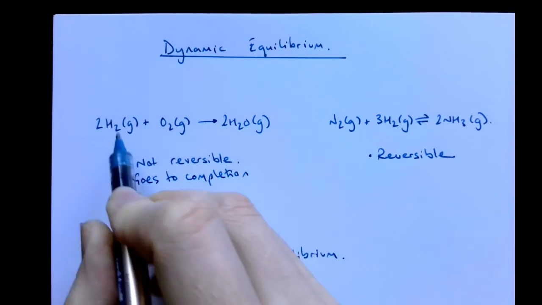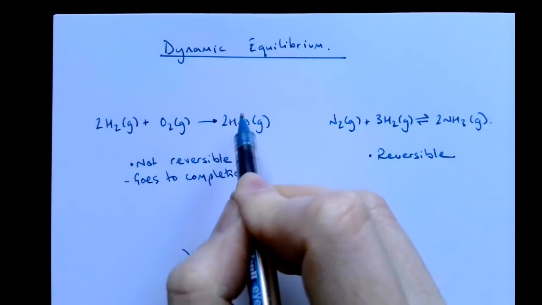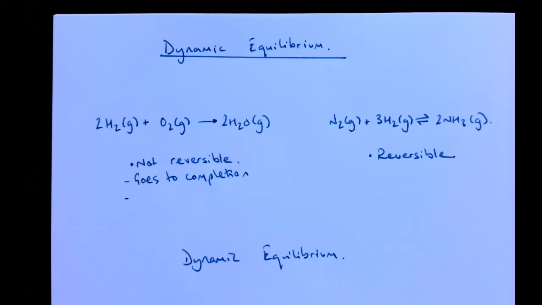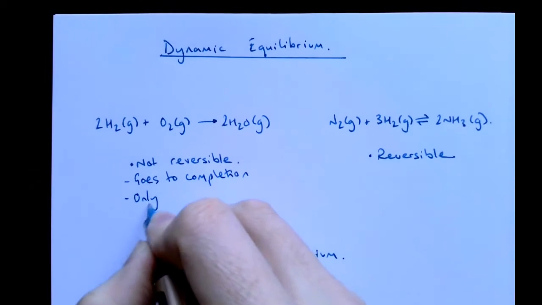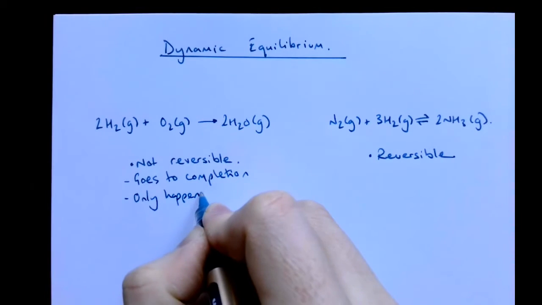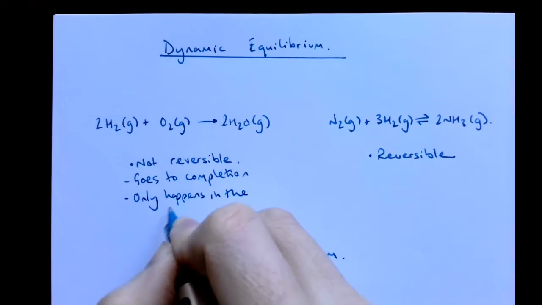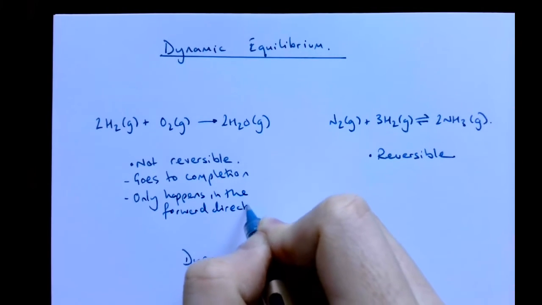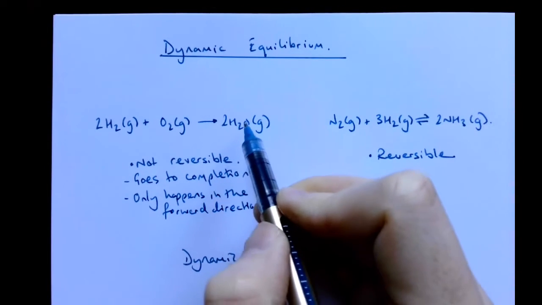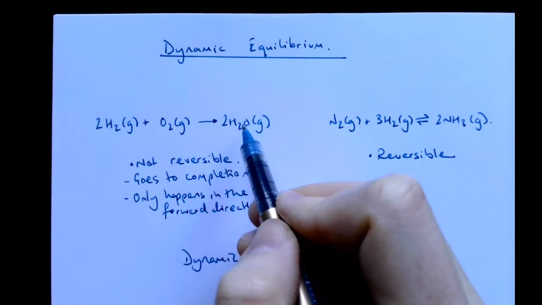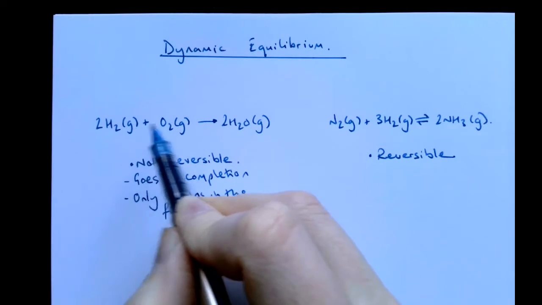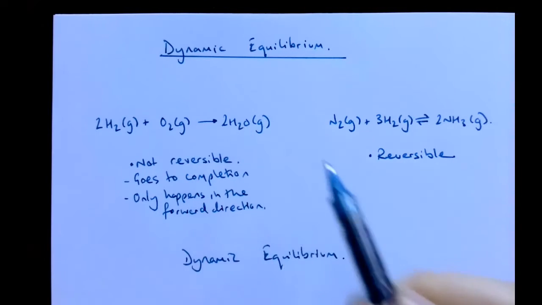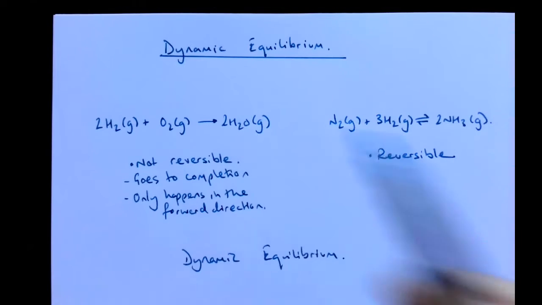All of the hydrogen reacts with all the oxygen to make water, and nothing goes in the other direction. It only happens in the forward direction. My water is not going to be able to react back into oxygen and hydrogen. That should be fairly obvious. The water lying around your house isn't doing that.